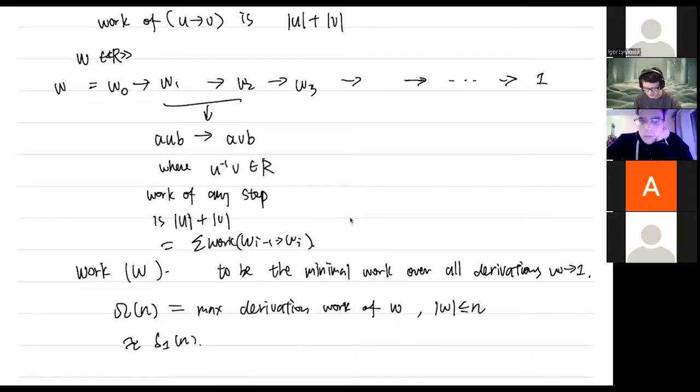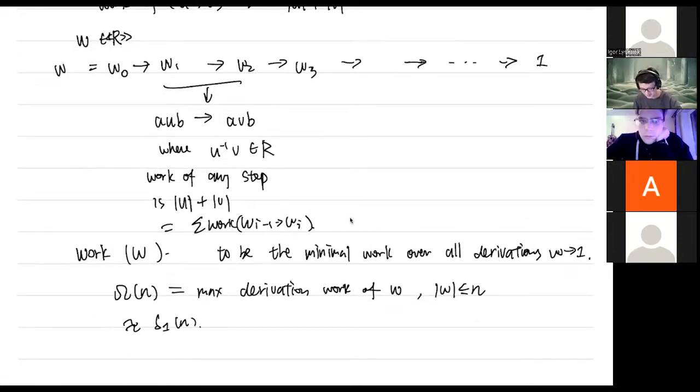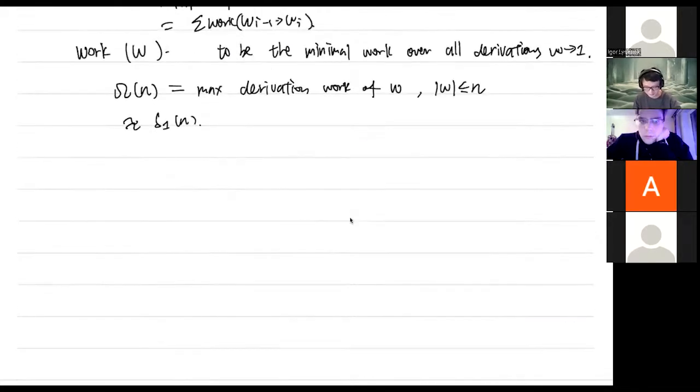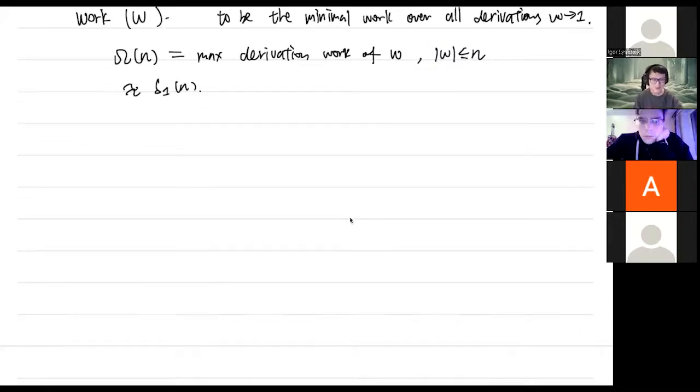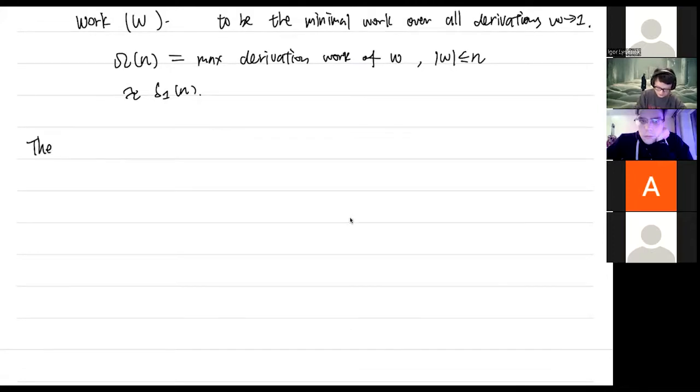You can generalize this to, for example, I think Alexei mentioned that for semigroups, you can also define such a notion and count how much work you did to derive a word to 1. Anyway, the next result is also related to computability.